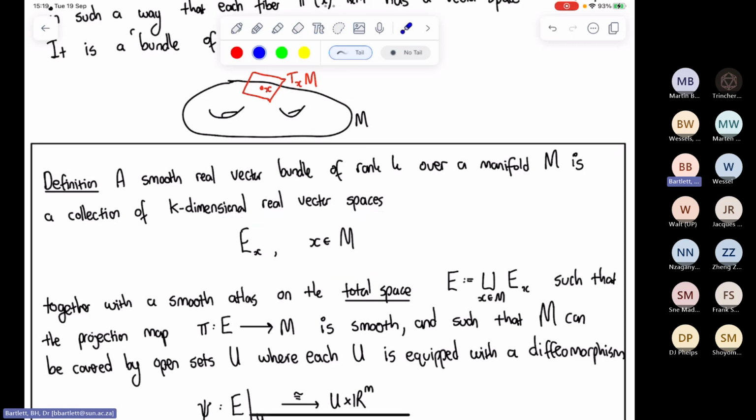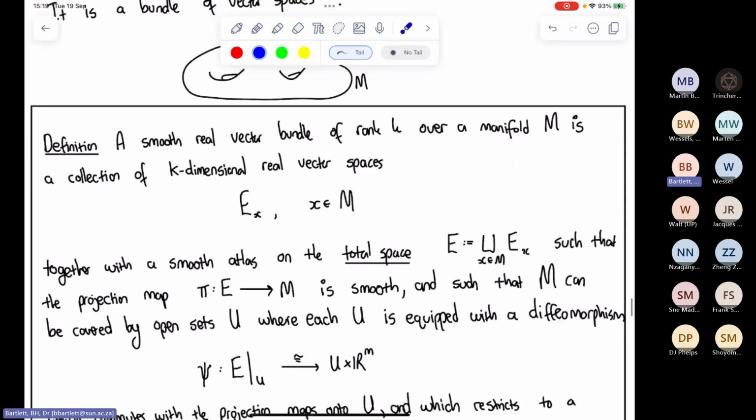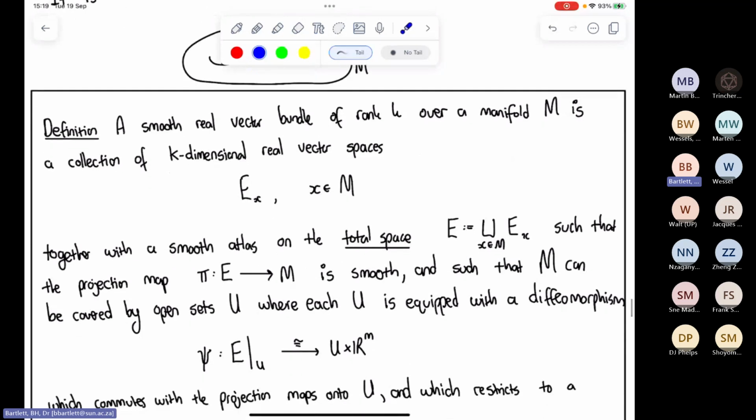It must come equipped with a smooth atlas on the total space. The total space E is the disjoint union over all the points in the base of these vector spaces E_x. So that's just a set, and on that set you have to put a smooth atlas. And that smooth atlas is not any old smooth atlas.